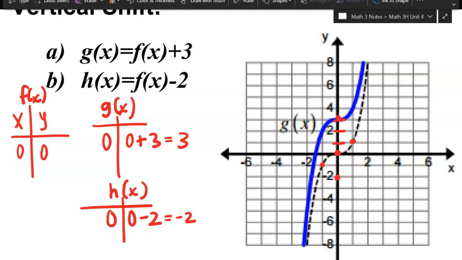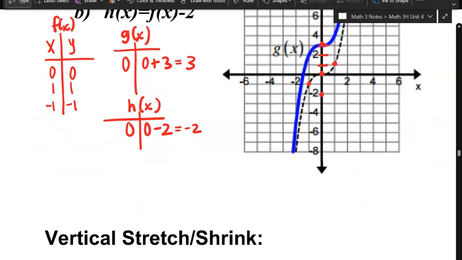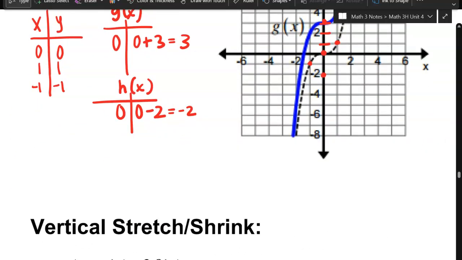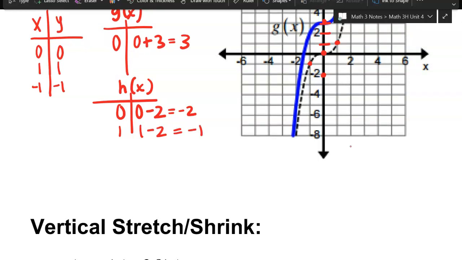So we have 1, 1, and then negative 1, negative 1. So remember, we are only changing the y values. So 1 and 1 minus 2, that's going to be negative 1. So still at 1 on the x, but we're going to be at negative 1 on the y.